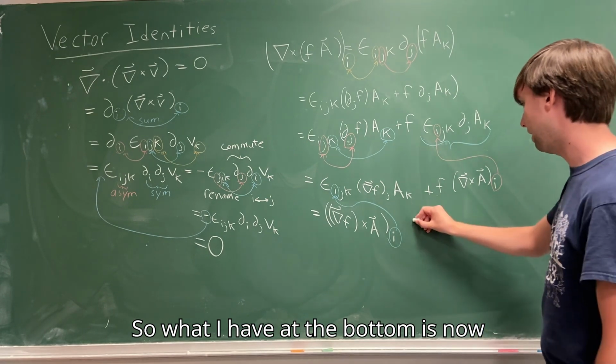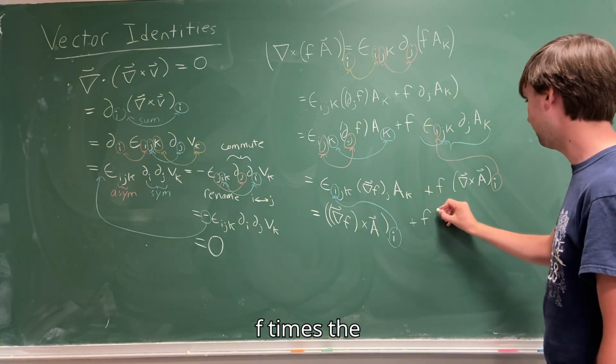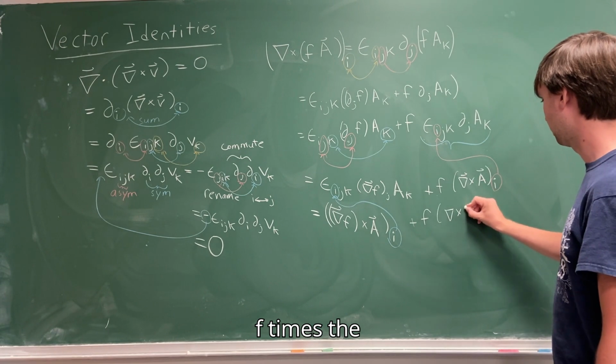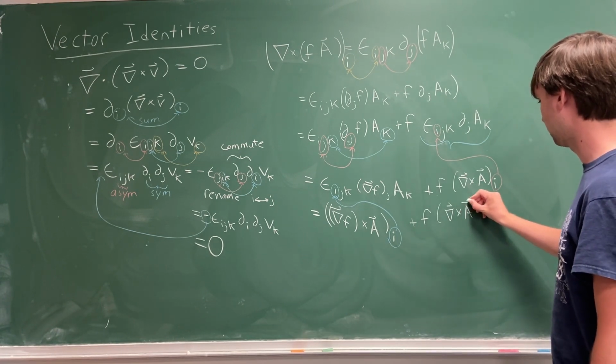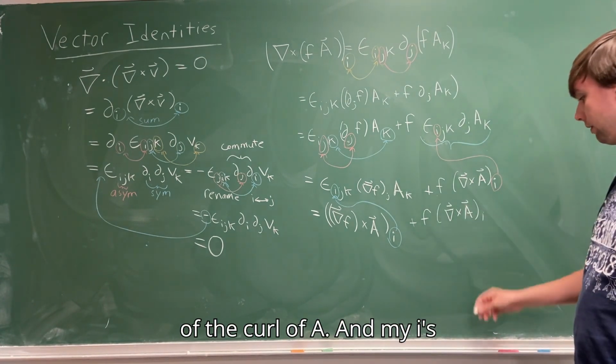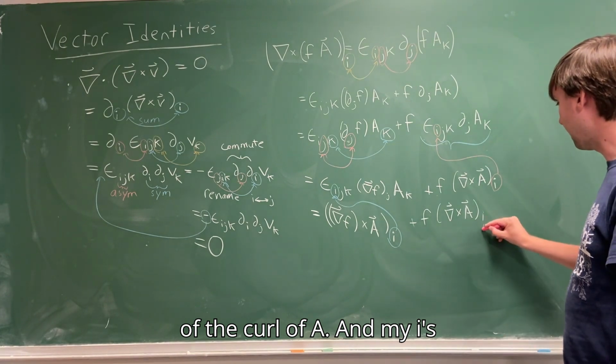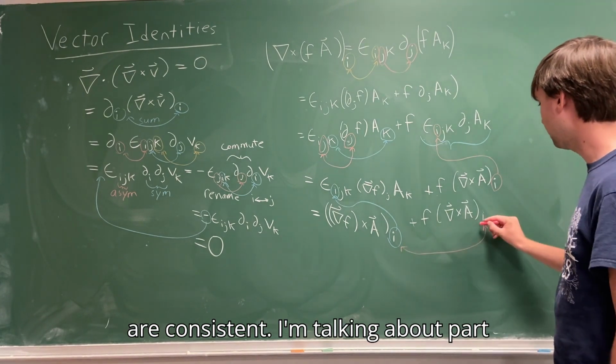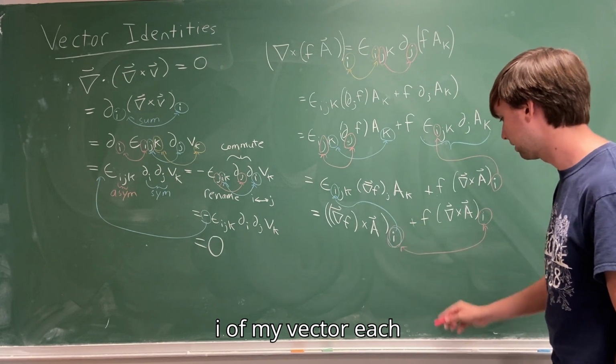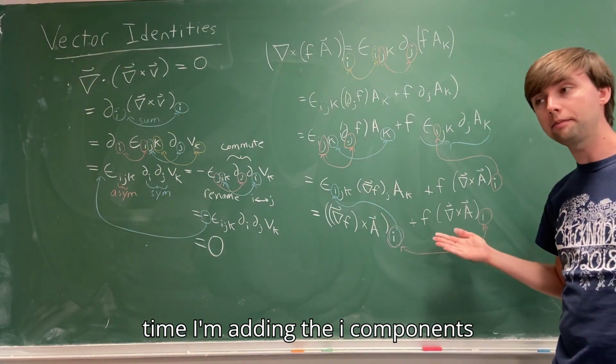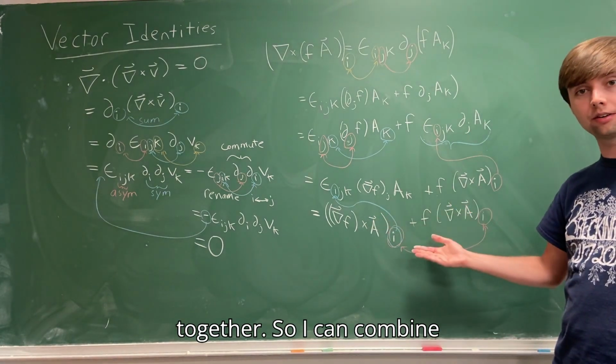So what I have at the bottom is now f times the ith part of the curl of A. And my i's are consistent. I'm talking about part i of my vector each time. I'm adding the i components together.